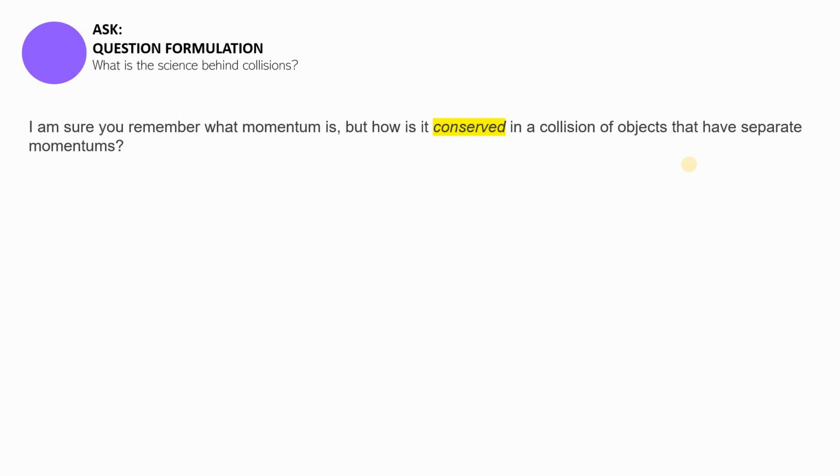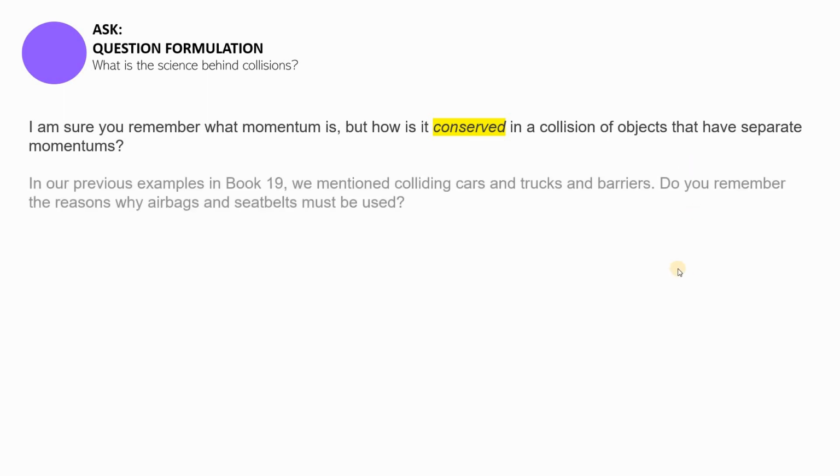And maybe you're now having questions, paano ba siya nako-conserve in the collision of objects if they have separate momentums? Now, what do we mean about separate momenta? Anong objects yan? Actually, we're talking about those two coins, dun sa last example natin, yung pinagbangga natin.